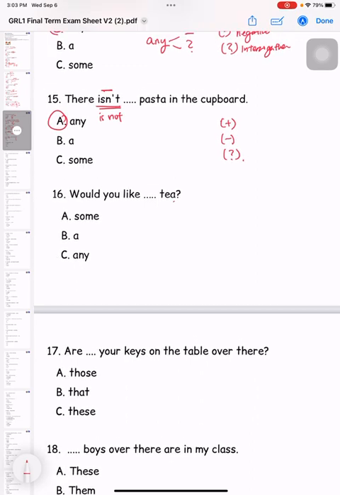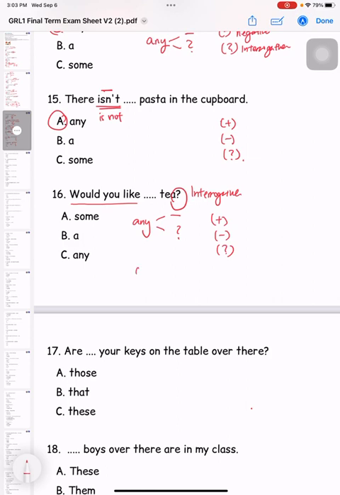Okay, so this is an interrogative, right? This is affirmative, negative, and this is interrogative, right? Interrogative. Okay, so by right, any is for negative and interrogative. By right, we need to use any. But look at this question. Would you like tea? That means 你要茶吗?